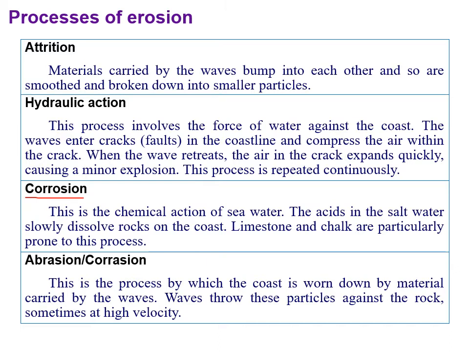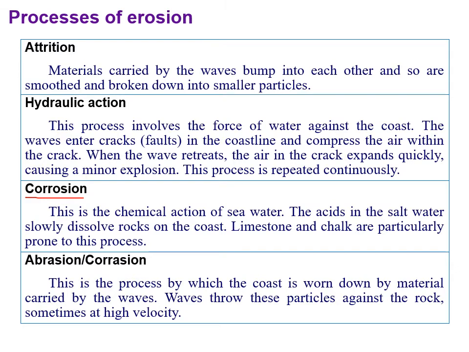And the last process is known as abrasion or corrasion. It is the process by which the coast is worn down or broken down into finer materials or smaller fragments simply by the sheer thrust of the waves.